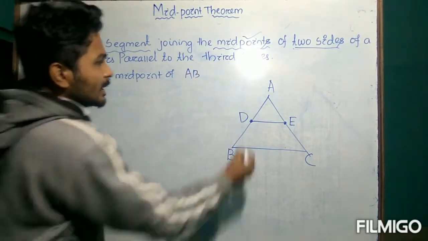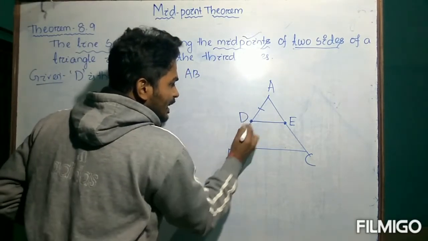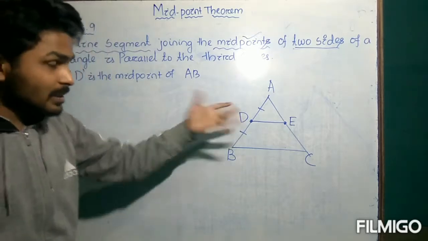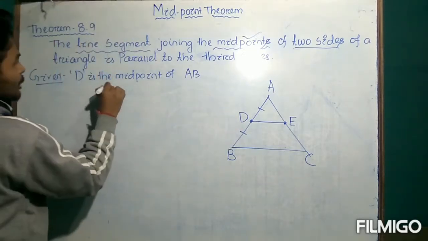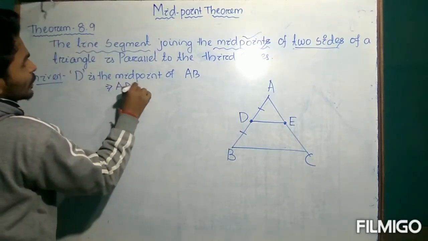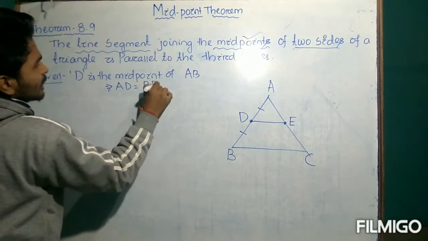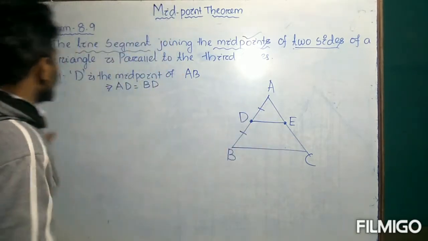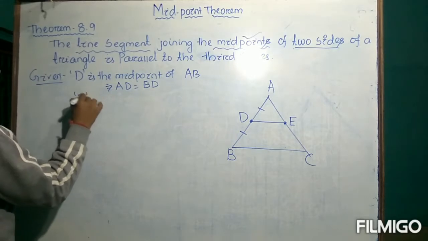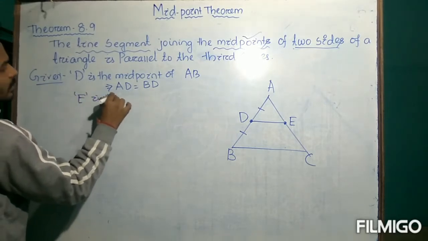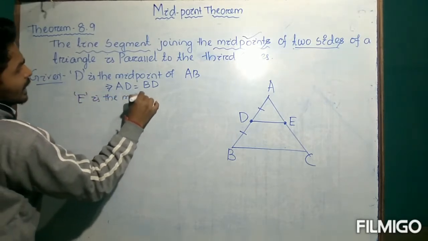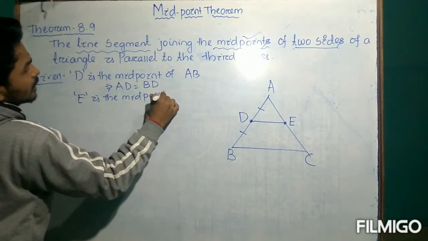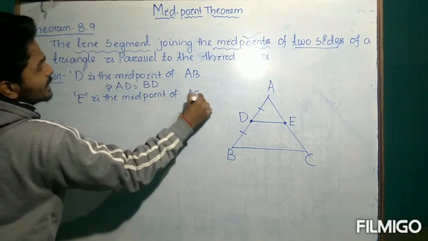It means AD is equal to DB because this is the midpoint. Similarly, E is the midpoint of AC.